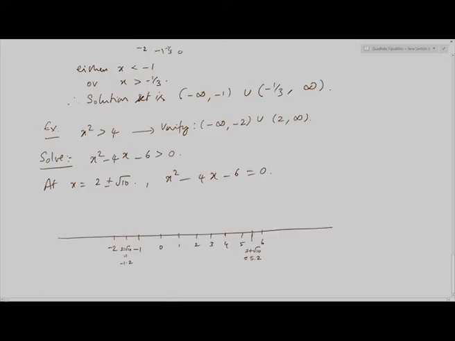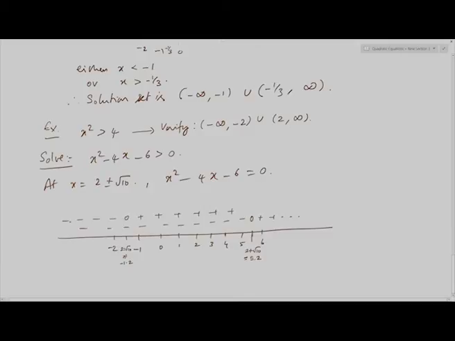So at 5.2 I put the 0 up here, and then the plus signs on the right side of that, and on the left side I am putting the negative signs. Similarly here I am putting the 0, and on the right side I am putting the plus signs, and on the left side I am putting the negative signs.